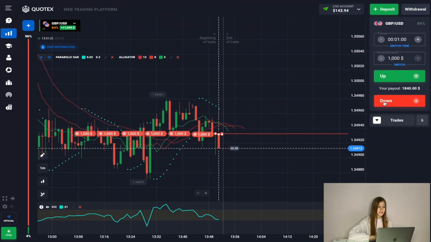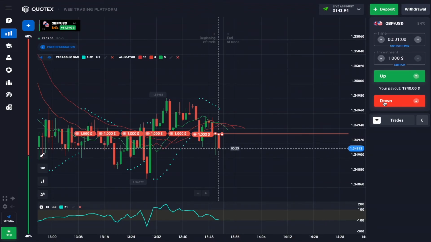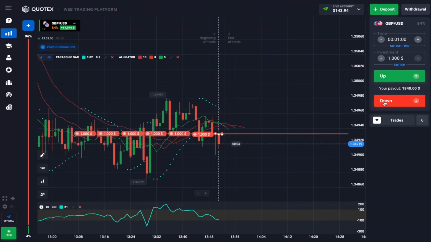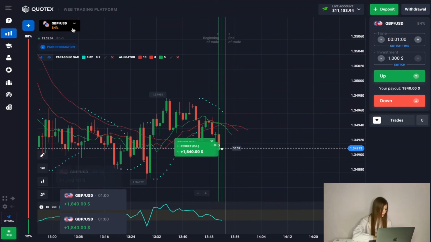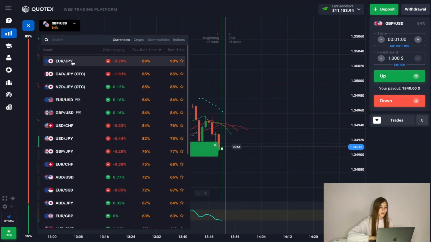So we can now successfully close our trade on the movement and the beginning of the downtrend. Let's wait until our trade is closed. We successfully close our trades.